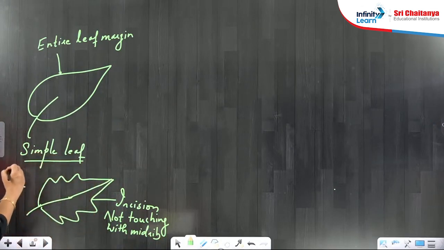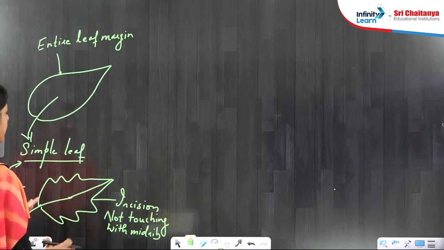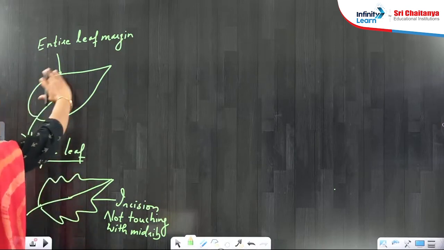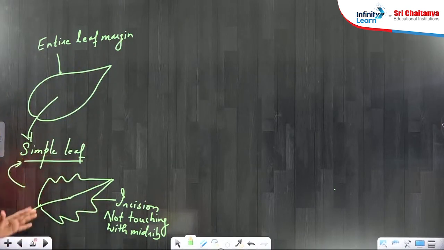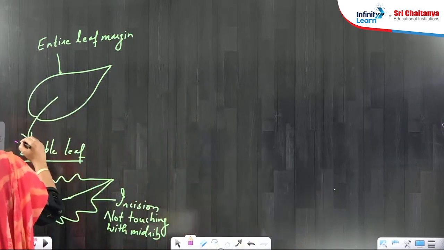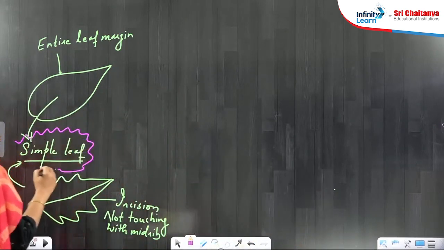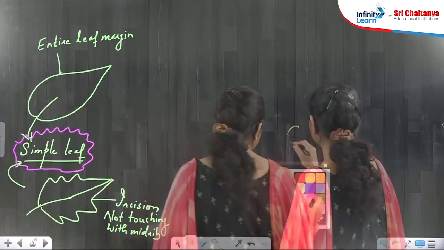Again, this is which type of leaf? Simple leaf. Even this is a simple leaf. So such a type of leaf where incision is absent, or if incision is there but not touching the midrib, such leaves you call simple leaves. Now what are compound leaves?